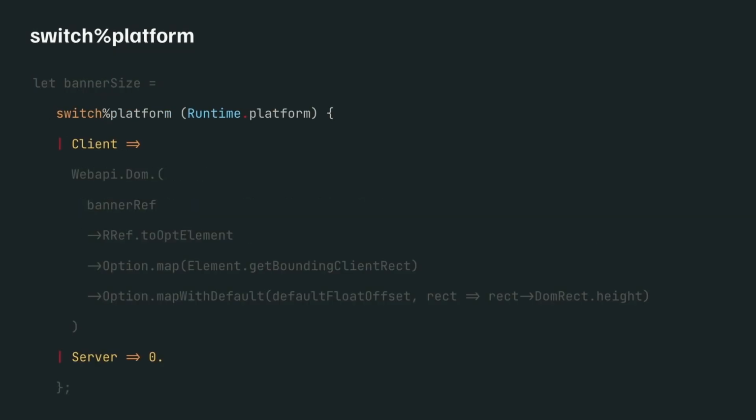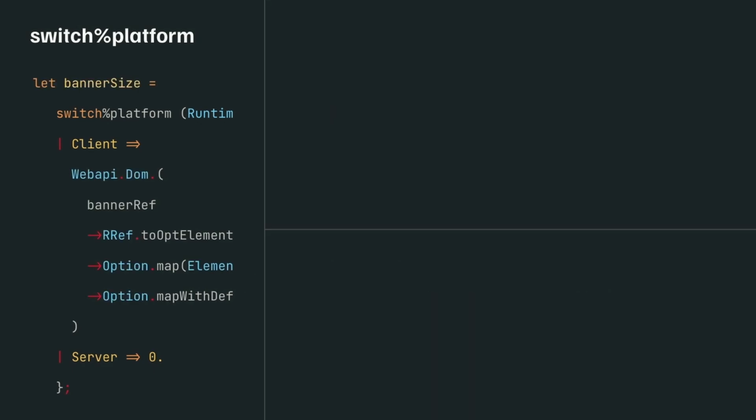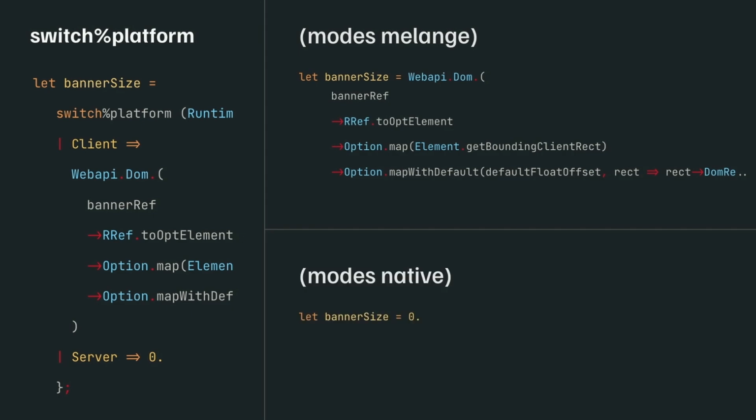How we do it is, again, you flag it with a switch platform, and then you pass the two targets, right? In the server, you always want 0. You don't care. That's the first load. And then for the two modes on one target, you compile the original code, and on native, you keep the 0. So for little functions, for little values, you can have the two implementations.